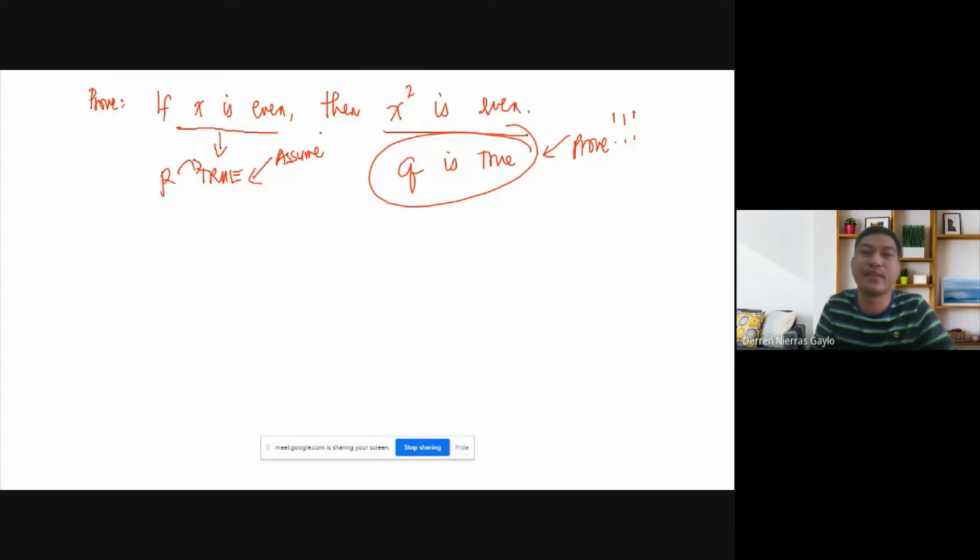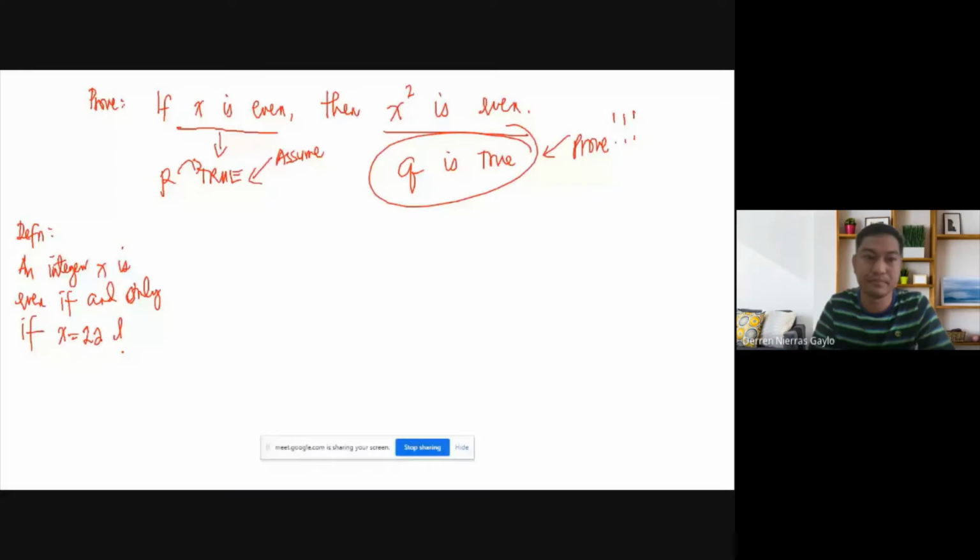Okay, the first thing that we need to do in proving through direct proof is to know the definition. What's the definition of an even number? Di ba? So I'll be giving a definition.